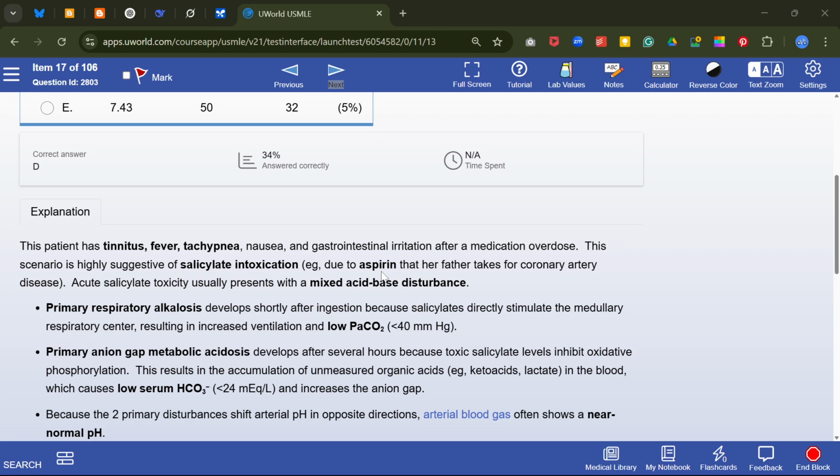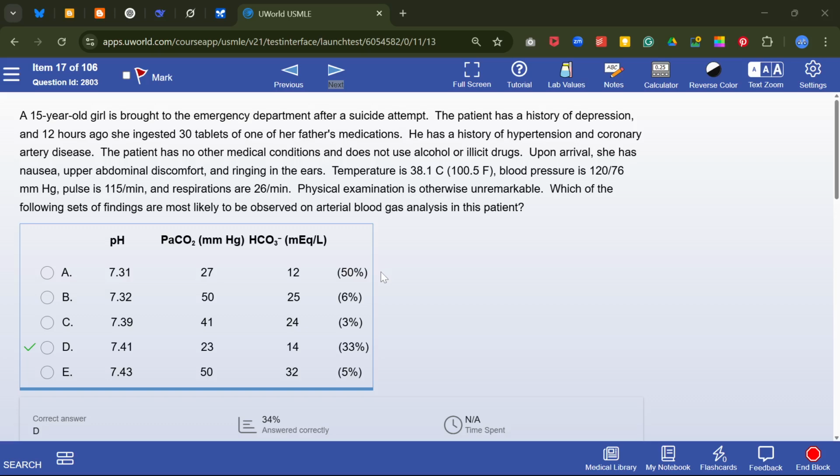Acute salicylate toxicity presents with mixed acid-base disturbance. There may be primary respiratory alkalosis, developing shortly after ingestion, because salicylates directly stimulate the medullary respiratory center, resulting in increased ventilation and low PCO2.